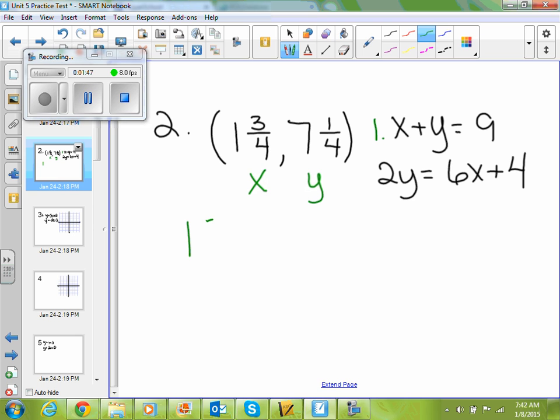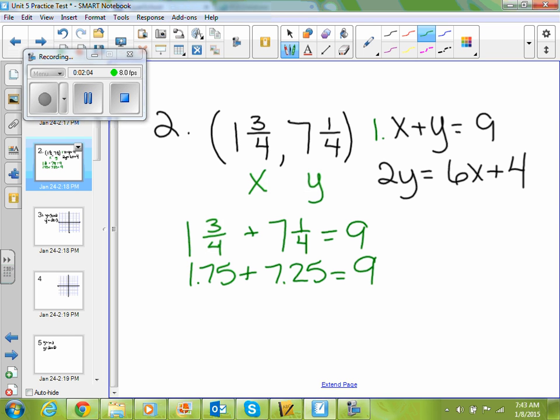X, which is 1 and 3/4, or 1.75. I'm going to rewrite these as decimals. Plus my y, which is 7 and 1/4, which is the same thing as 7.25, equals 9. So if I solve that, 1.75 + 7.25 is 9. So I end up with 9 = 9.